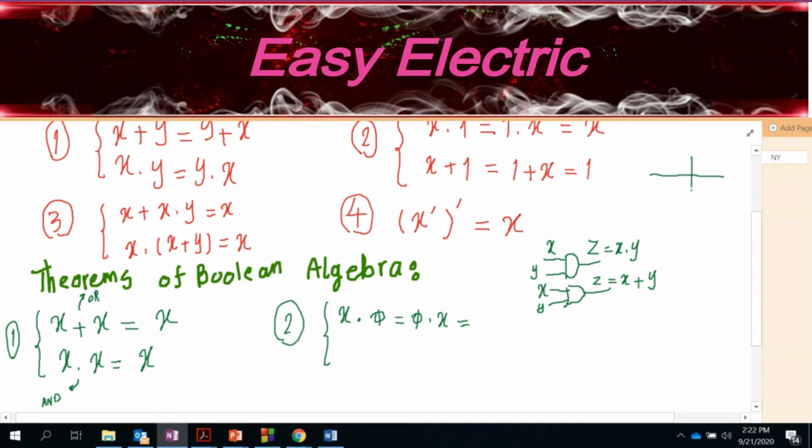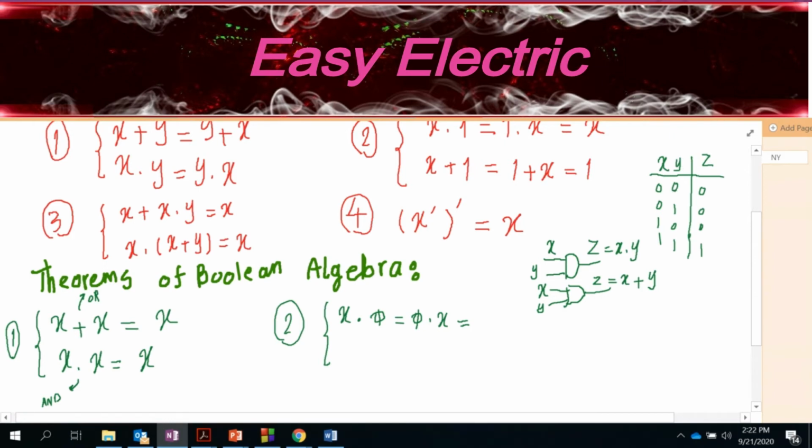So here I need to refresh what you learned in the lab. This is the truth table of the and, right? 0, 1, 0, 1, 0, 1. This is z. So this is 0, this is 0, this is 1. Consider one of them.